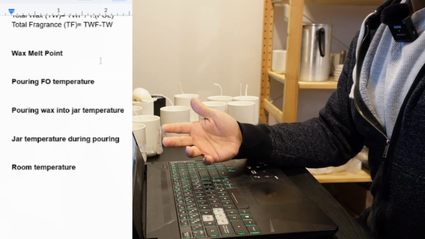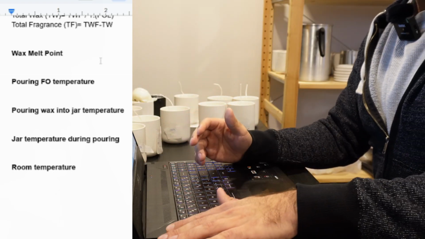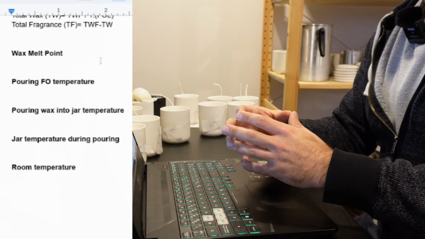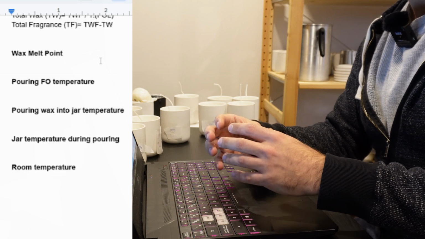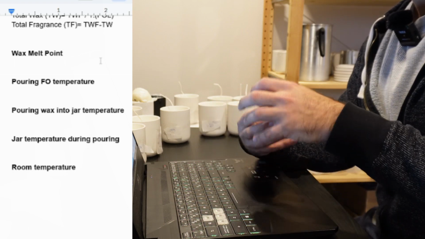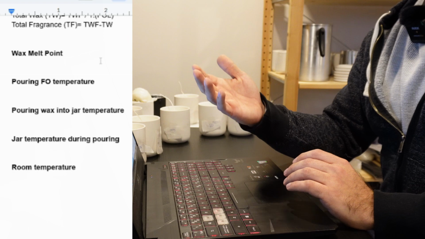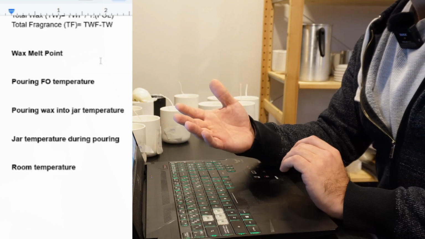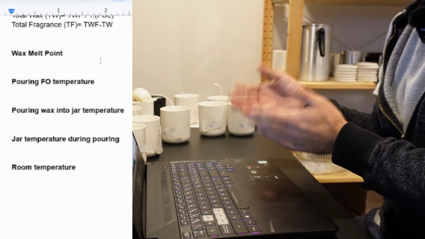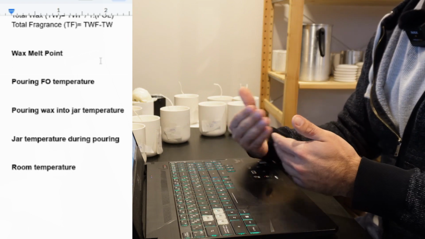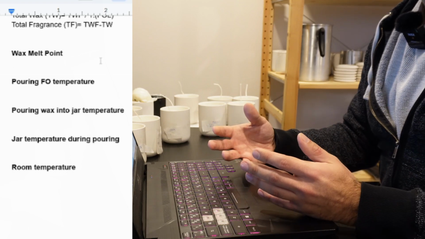And now we all know that for the most part, the suggested temperature is 180. That is the most ideal temperature that the FO would combine with the wax. Now again, this is why I'm putting this point here, so that way it's either 160, 180, try it at both and see how that affects the overall candle.